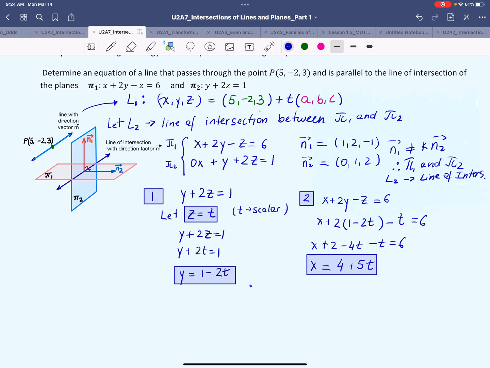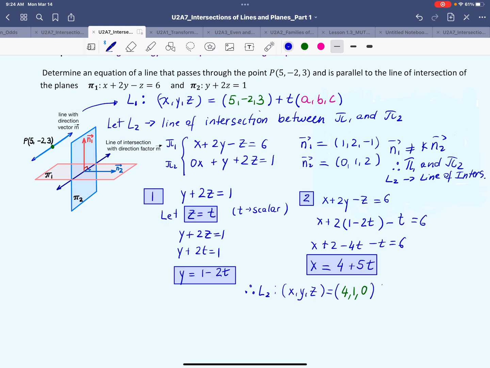So therefore, we're going to say that the line of intersection L2 will have the equation (x, y, z) equals a starting point. So for x we have 4. For y we have 1. And for z we have 0. So I have a constant of 0 there.